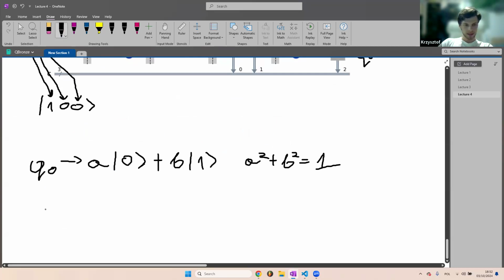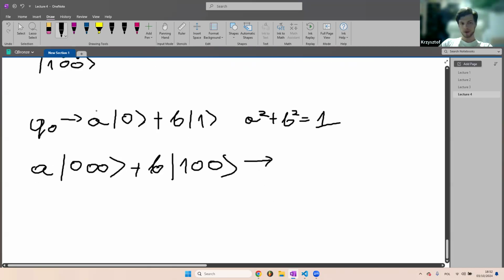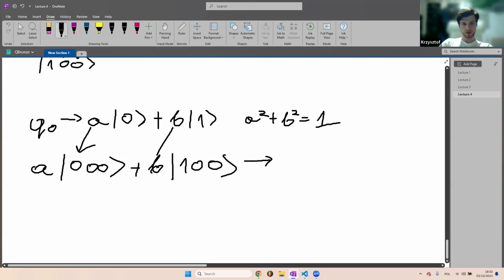So let's begin once again with the state A|0,0,0> plus B|1,0,0>. Okay, so now these A's and B's correspond to the amplitudes of the first qubit.